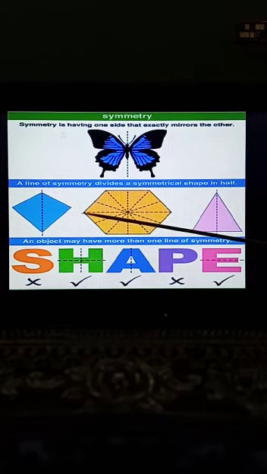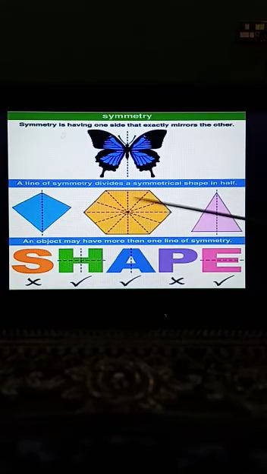When we observe these lines, there are two lines of symmetry. Here the vertical line and this horizontal line are lines of symmetry, because when we fold this shape, the parts will be symmetrical to each other. In this figure, the vertical line is also the line of symmetry. So in these letters, S cannot be divided in a symmetrical form. This H can be divided symmetrically, vertically or horizontally, both.